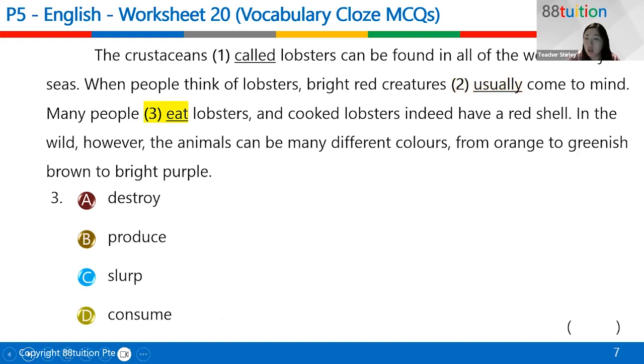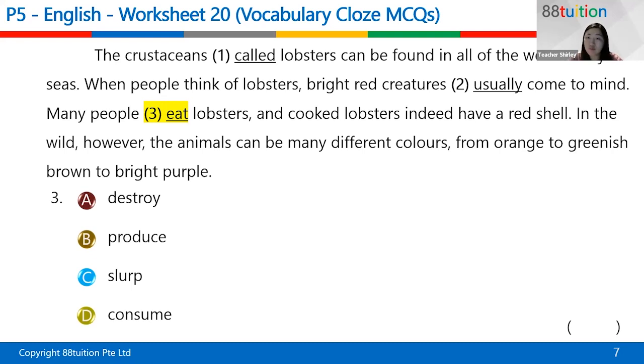Many people eat lobsters, and cooked lobsters indeed have a red shell. Yunshuan? Consume. Very good. What does consume mean? Eat. Yes, consume means to eat. You're a consumer.